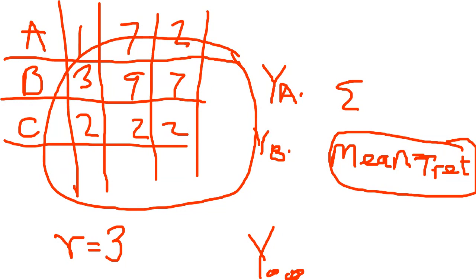Replications, we have 3. We have 3 in the sense that you focus on a certain treatment. But thank you, Mabunda, for adding 1. You focus on a certain treatment.